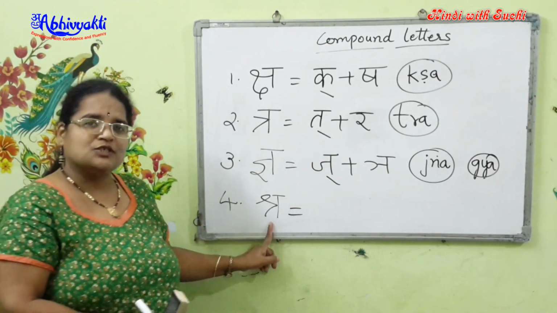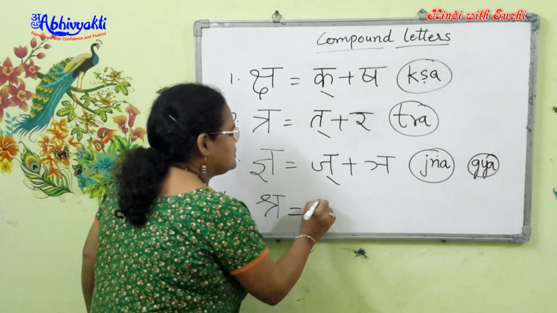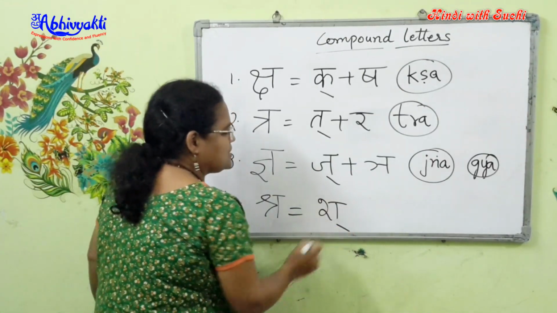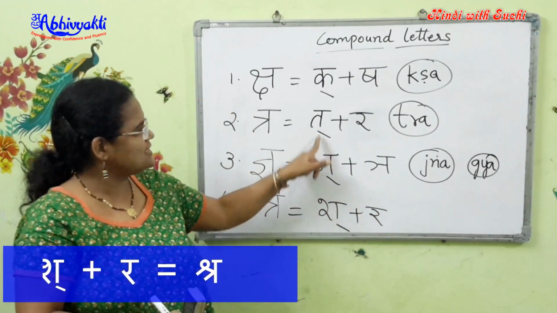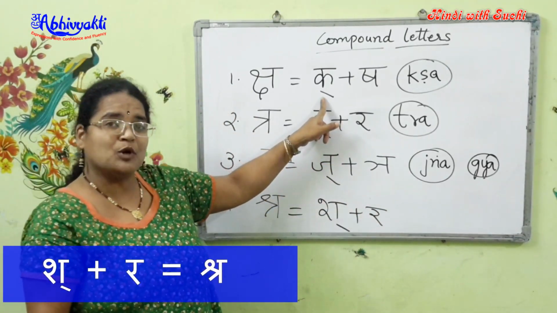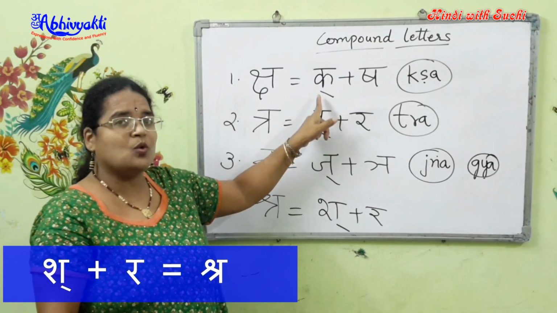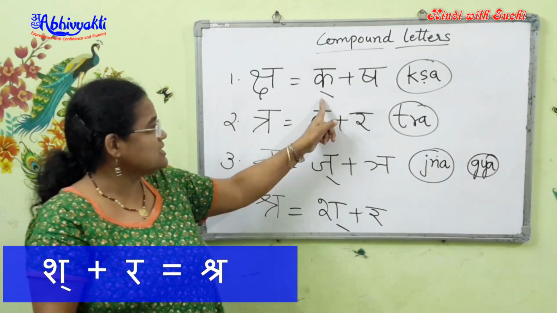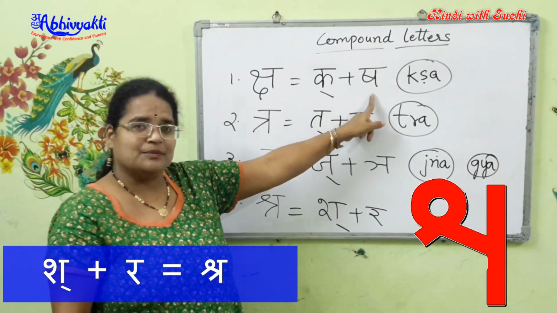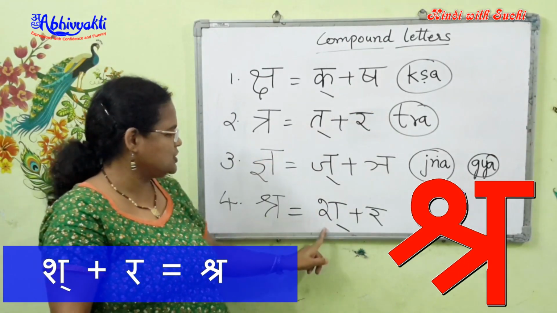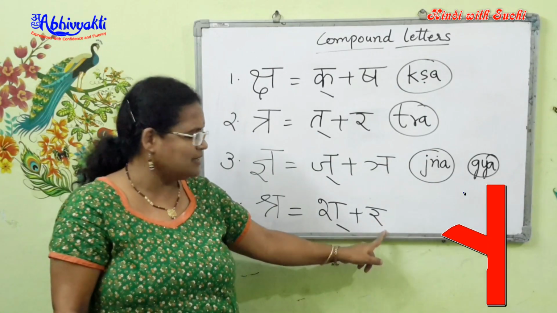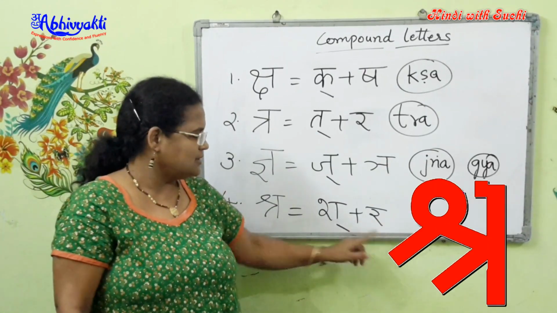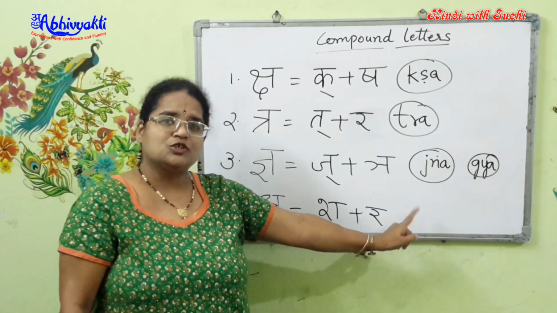And this one is Shra. So when I draw this line, it means it is a pure consonant with no vowel at all. So this consonant depends on the next consonant. So here also the sh with r, together I get shra.